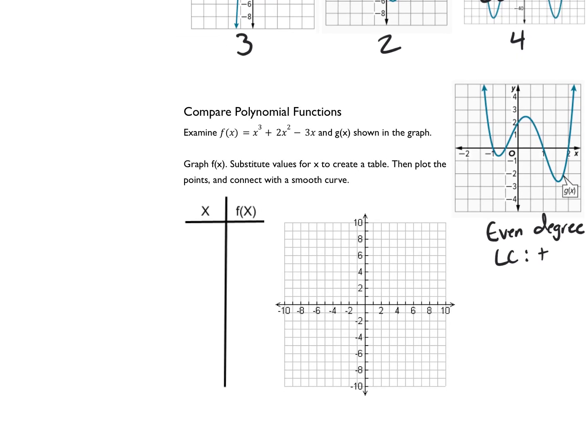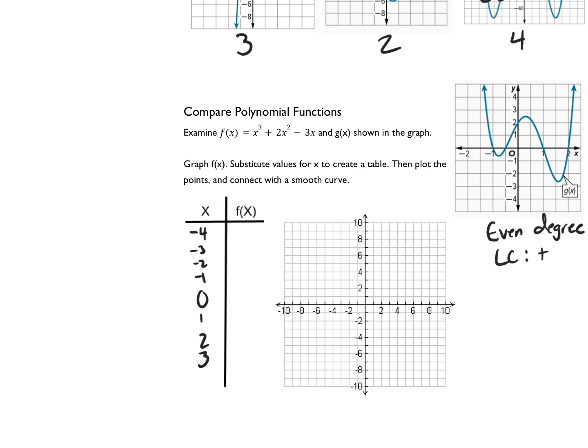So in order to do that, we're going to have to just pick some x values and then plug those in. So I'm going to pick from -4 through 3. All right, and then just run those through the function. So I've got a graphing calculator I'm going to use.